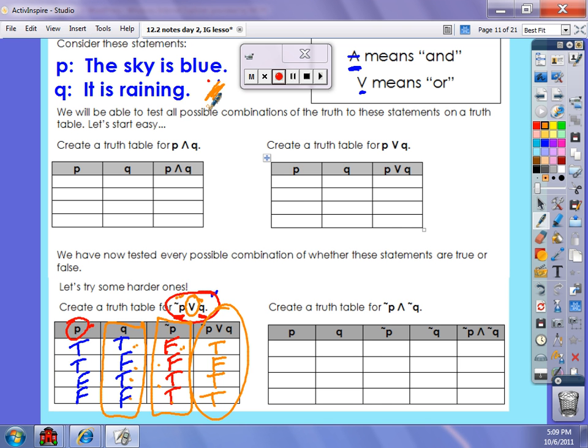For example, let's look at this one right here. If I think the first statement is false, the sky is not blue, and I think the second statement is true, it is raining, if I say that in this way, the sky is not blue or it is raining, then I have said a true statement. So this truth table will tell you all the different combinations of the P and Q, whether they're true, whether they're false, and when you put it together as the final statement, if it's really true or false.